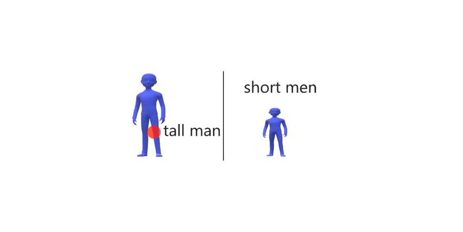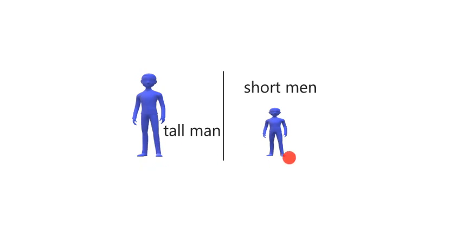You see the height of two men. This man has bigger height than this man. We will not say that this has a bigger height and this man has smaller height.